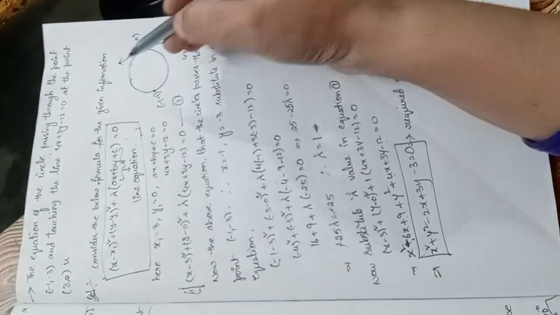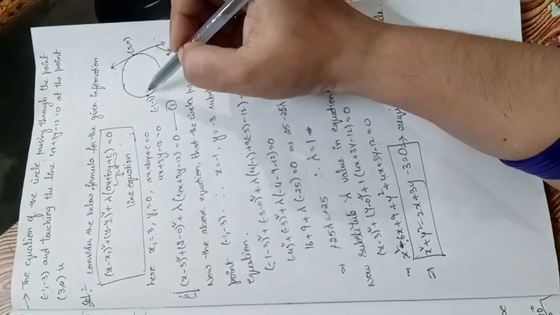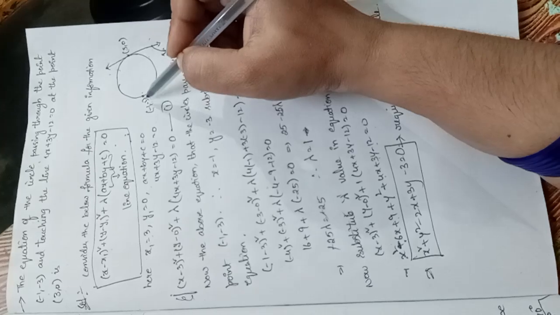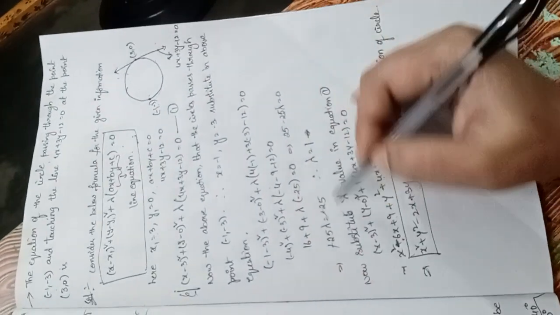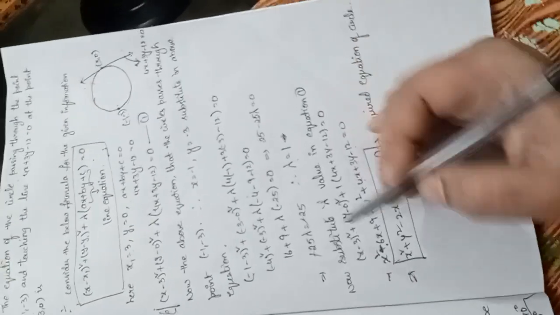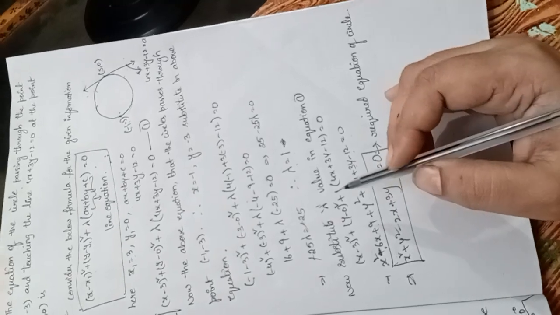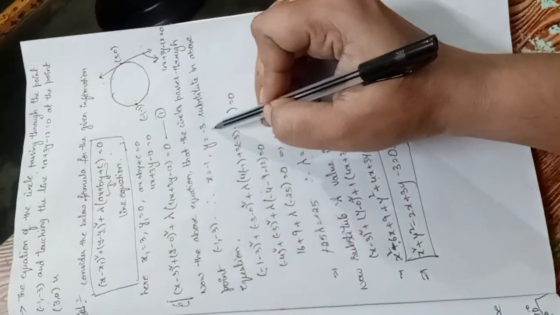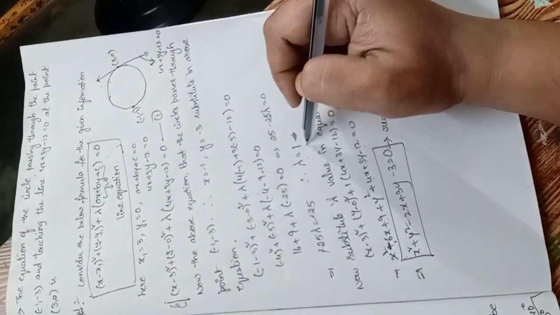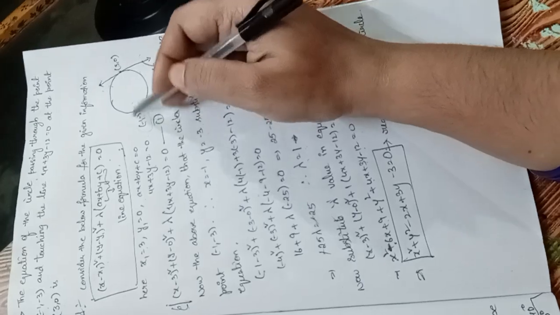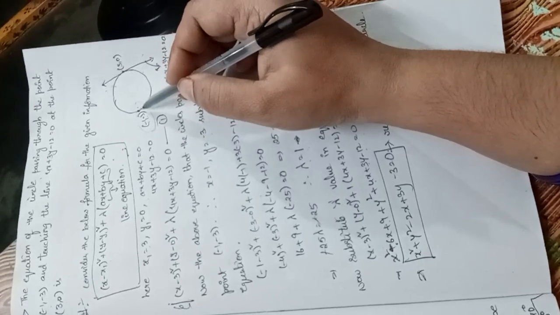And only the circle is passing through (-1, -3), so if we substitute those values we will get λ = 1. To get the λ value, we have to use the point which is passing through the circle. Got it?